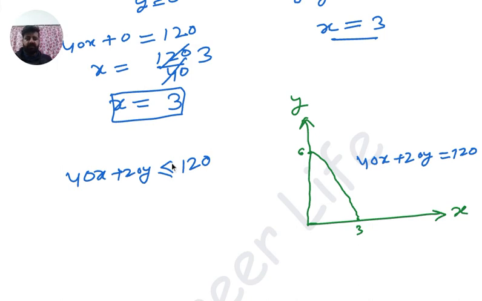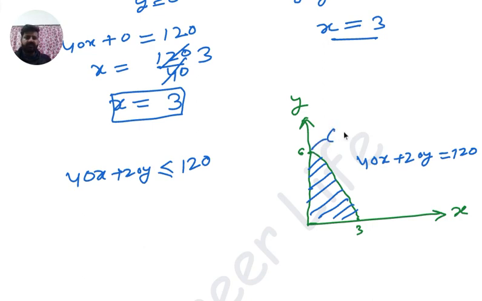So as you can see, 40x plus 20y can be equal to 120 or can be less than 120. So this line is the equation 40x plus 20y equals 120. And now yes, listen carefully, all the points that lie in this area will also satisfy this inequality.